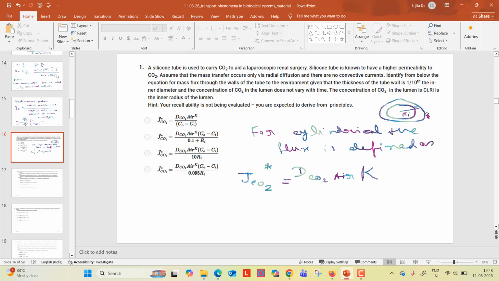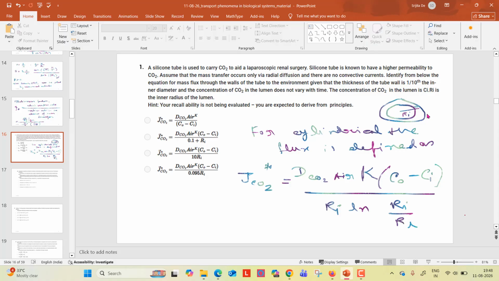And the concentration gradient will be C0 minus Ci, because it is said the concentration in the lumen is Ci, divided by Ri, the inner radius. In that case RB was the inner radius. Here Ri is the inner radius, into ln(Ri by Ro), the outer radius. You have to do it because otherwise you cannot do it.